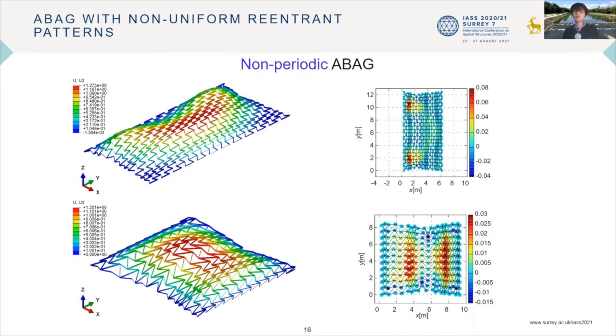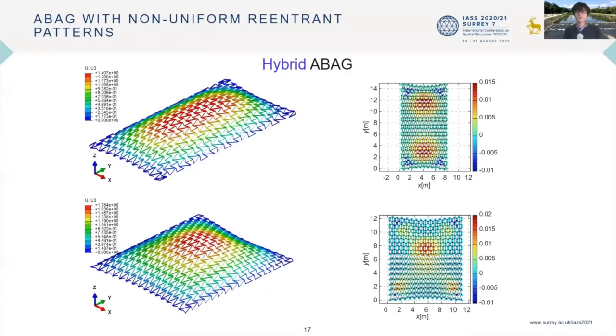And the discrete Gaussian curvature increases where the shape parameter gamma is smaller than the surrounding area. On the other hand, hybrid ones are symmetrical in the plane parallel to the yz plane, and the shape of the generated surface and the distribution of the discrete curvature are different between these two cases.